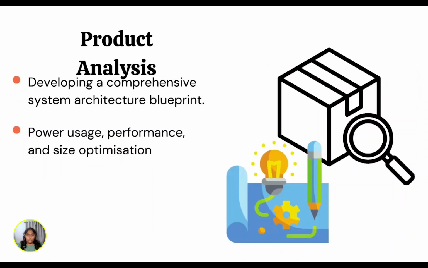This task involves creating a detailed blueprint of a system's architecture. This blueprint should include estimates for power consumption, performance capabilities, and even the physical size requirements. Additionally, it should also outline how the system will be integrated into its final form, and it should specify the use cases and software workloads that will drive the functionalities.